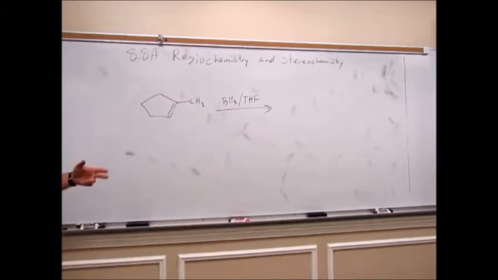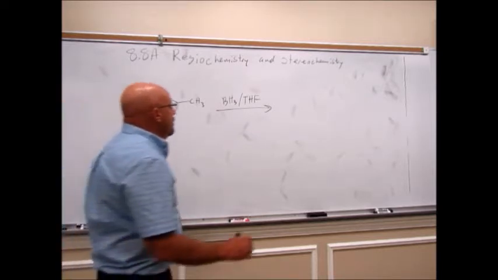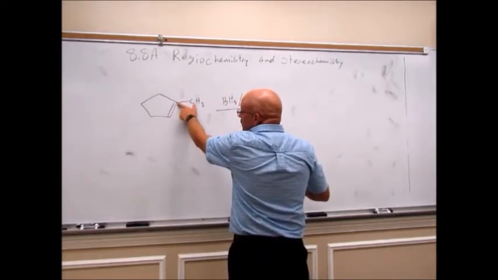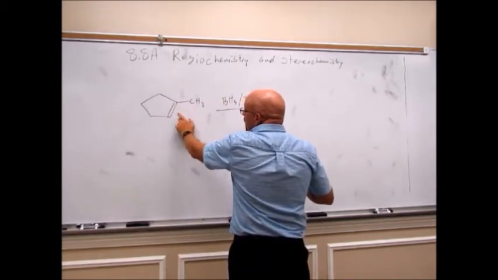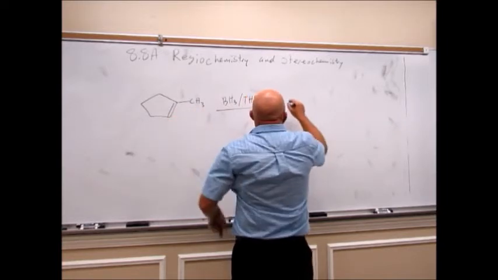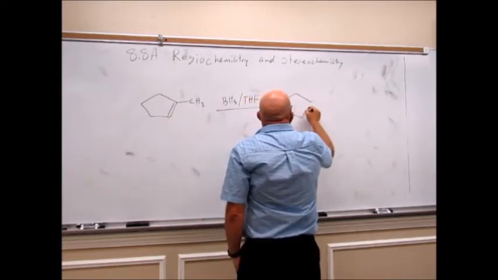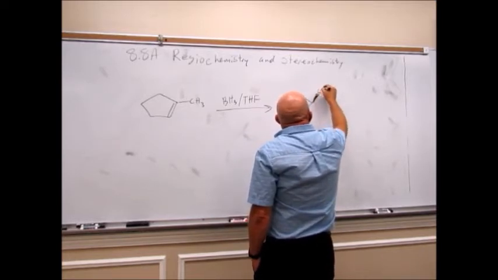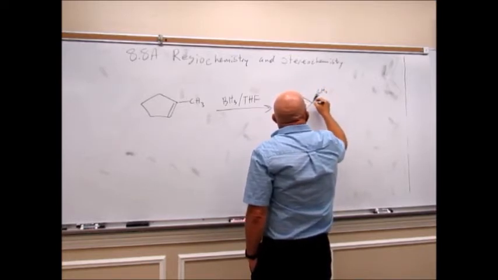We know which carbon is going to get the hydrogen, which one's going to get the boron. That's the regiochemistry. So of the double bond, hydrogen is going to fit in at the more substituted site because it's smaller, and the larger boron will go to the least substituted carbon of the double bond. And while we're doing this, let's look at stereochemistry.